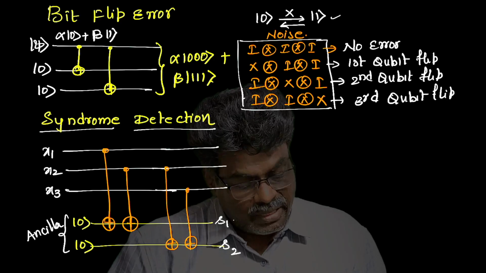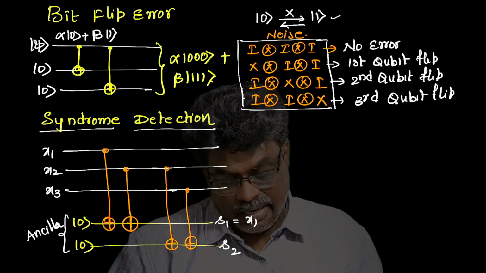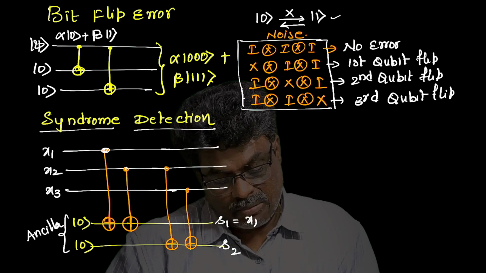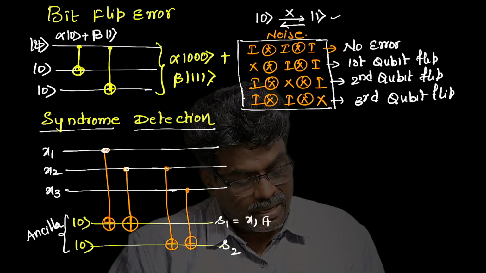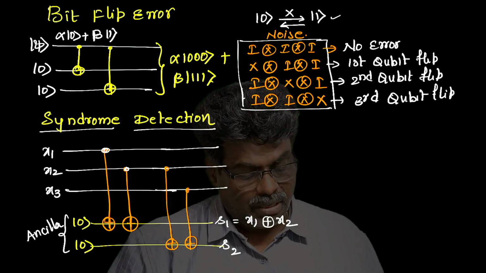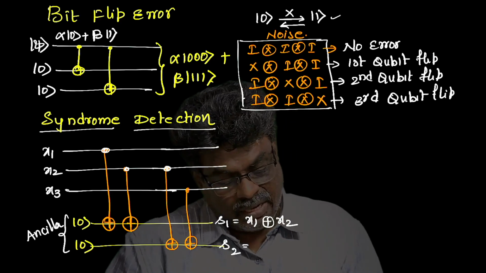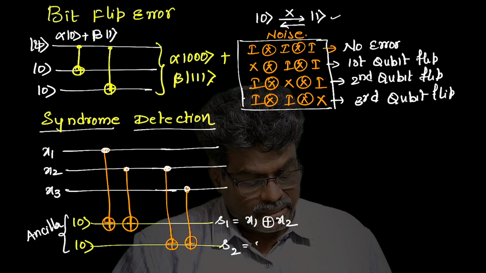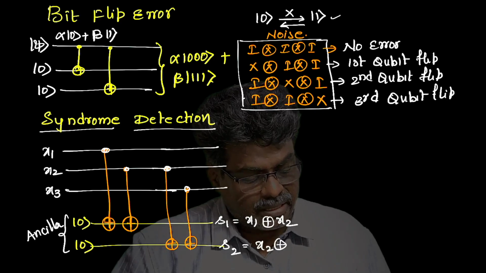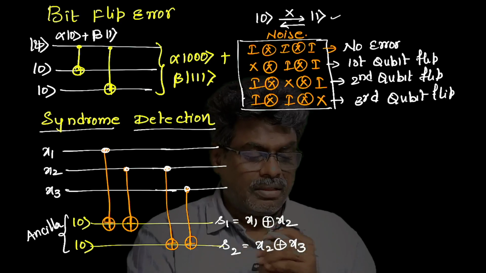If you observe carefully, S1 is X1 XOR X2, and for S2, please observe the C naught gates, this is X2 XOR X3.